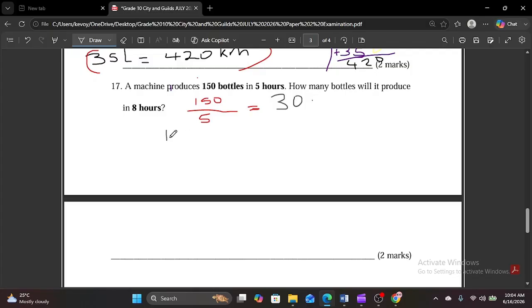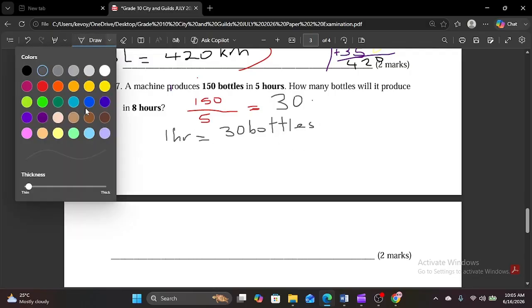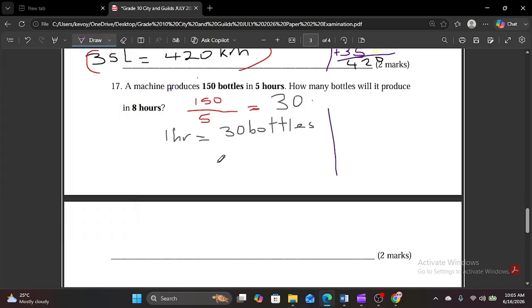All right, so 1 hour would give me 30 bottles. That's what it means. So if I want to know how much it would give me for 8 hours, I would have to multiply that by 8.